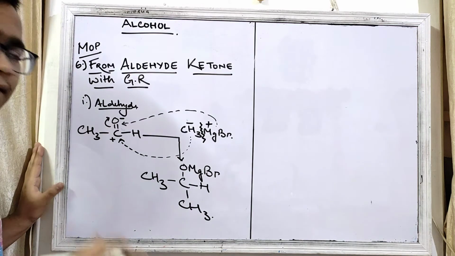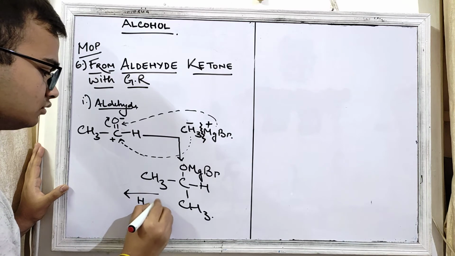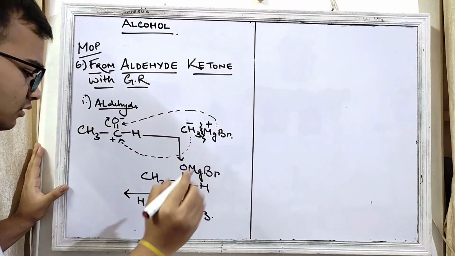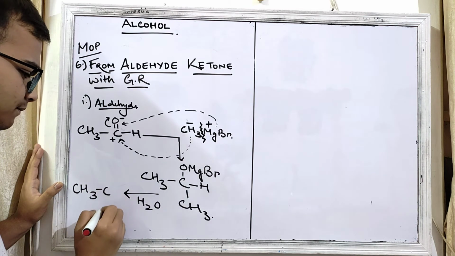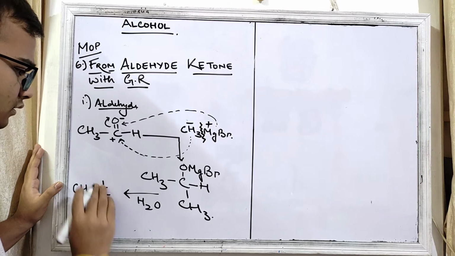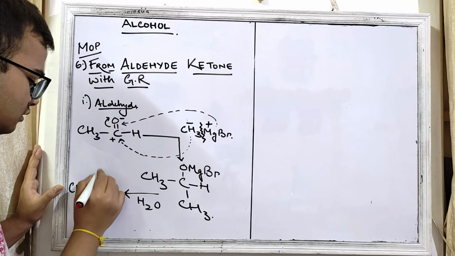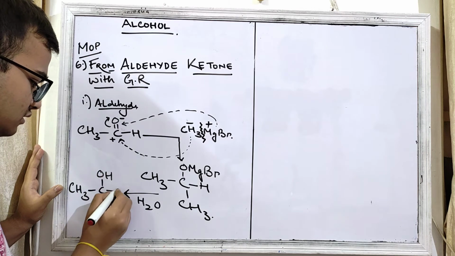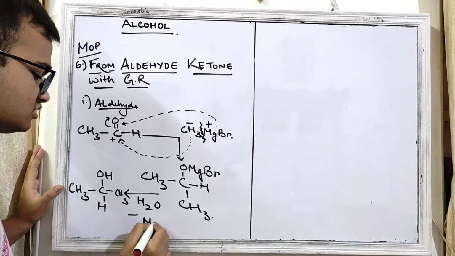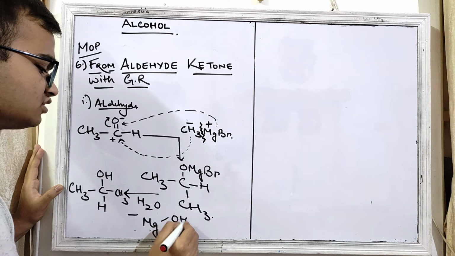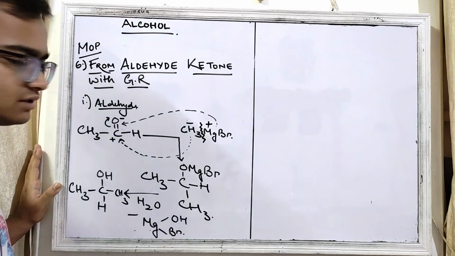Now when you perform hydrolysis with H2O, this OMgBr will move out, you get CH3 C OH, CH3, here is H, and you get MgOH and here is Br. This is called hydroxyl magnesium bromide.